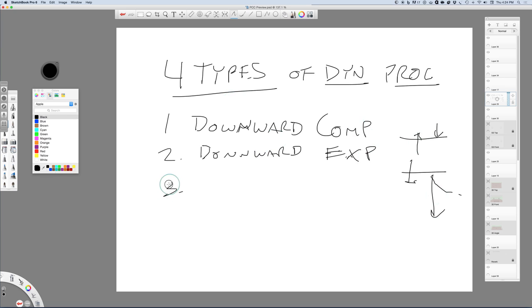Now, in more recent years, we've gotten some very cool new tools, many that are a result of computers, plugins and digital technology, where basically everything can be worked as math, and that is upward compression. In upward compression, we're working with a low-level threshold, so signals below the threshold are raised in gain.